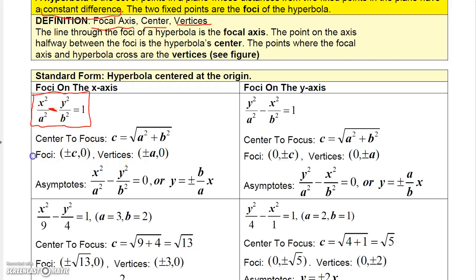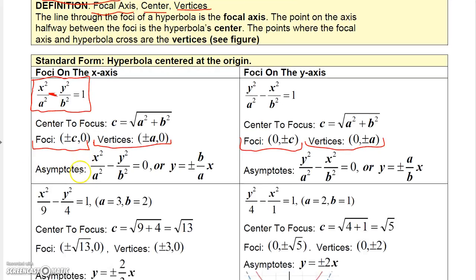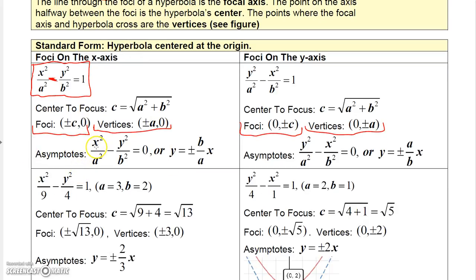But the actual foci, when it's centered on the x-axis, are going to be the points plus or minus c, 0, whereas if it's centered on the y-axis, they're going to be the points 0, plus or minus c. And the vertices, when it's centered on the x-axis, are going to be the points plus or minus a, 0, and when it's centered on the y-axis, the vertices are going to be the points 0, plus or minus a. The asymptotes can be determined by setting the right side equal to 0 and solving it.